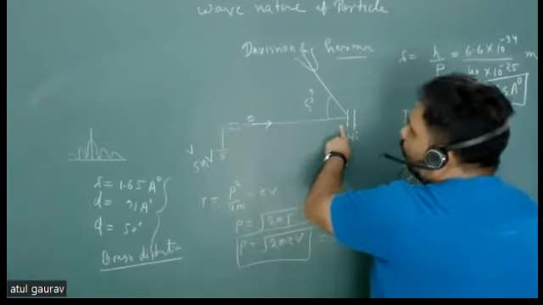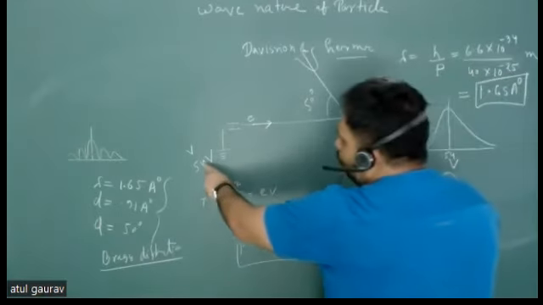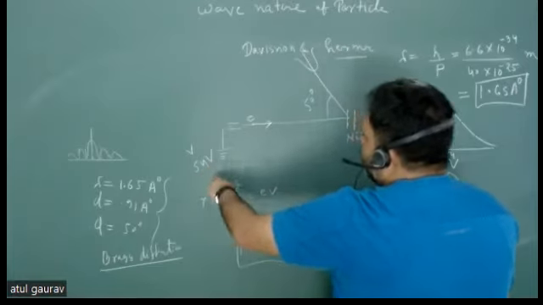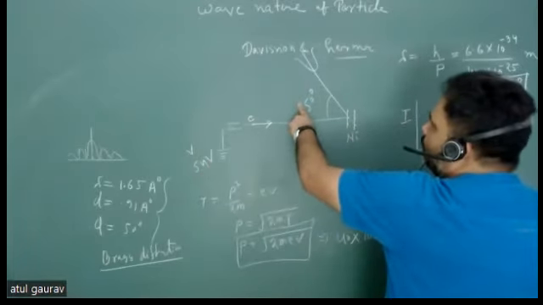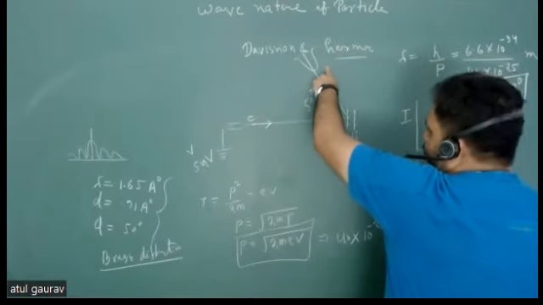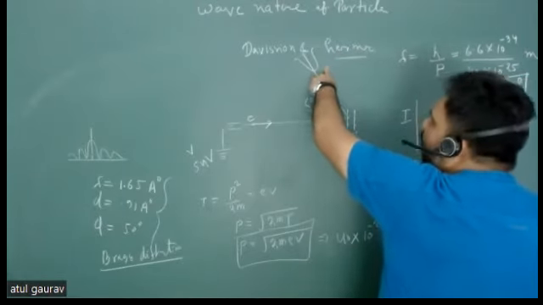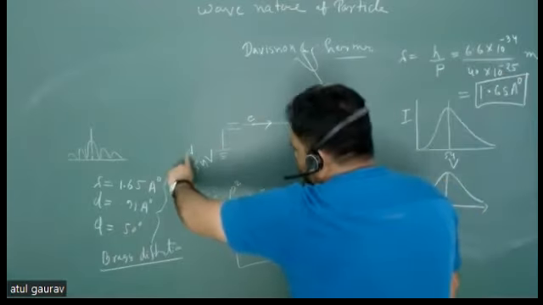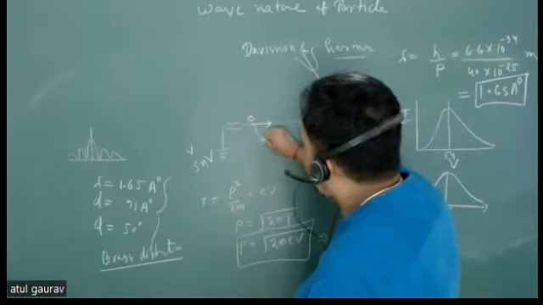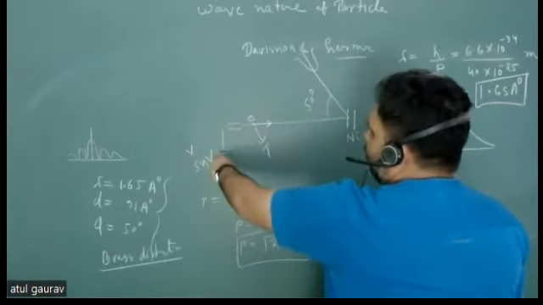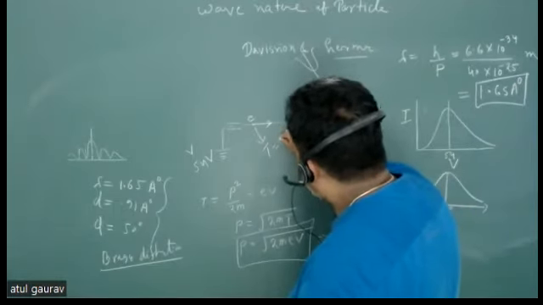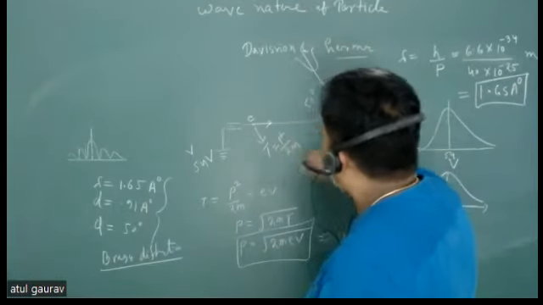What are we getting? If this potential is 54 volts and the angle is 50 degree, we are again getting the maxima, the peak of the maxima. So what is the meaning of that? It means that this electron has some kinetic energy due to this accelerating potential, and this kinetic energy has some momentum, that is p squared upon 2m.